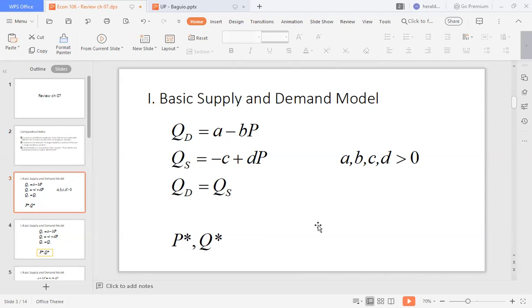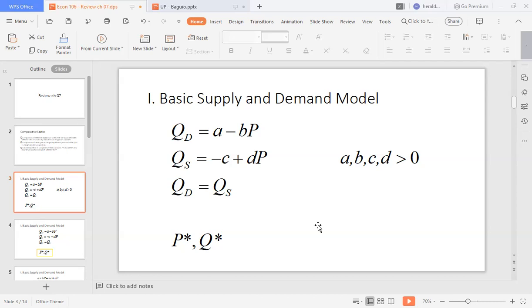We have our demand function there, which is QD is equal to A minus BP. Just again, a review of what those parameters meant. A there is our intercept, and we have B as our slope.